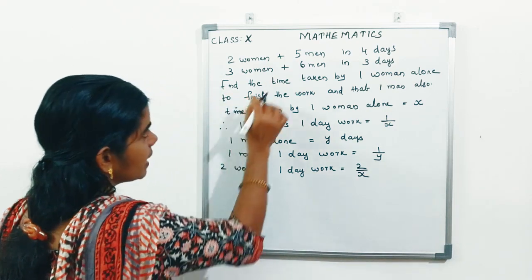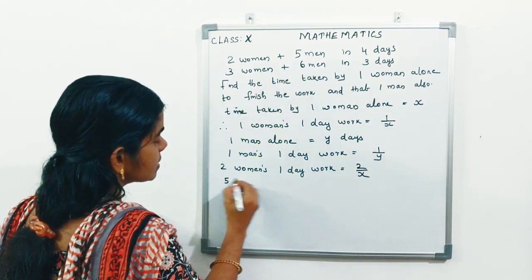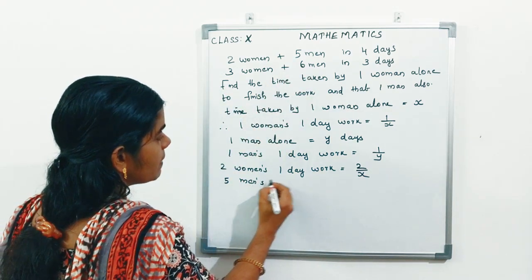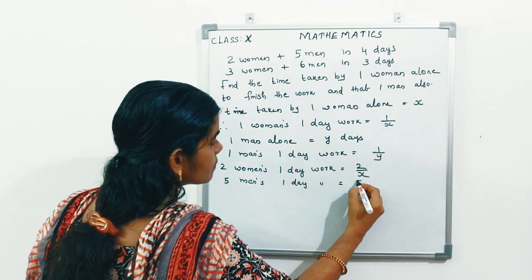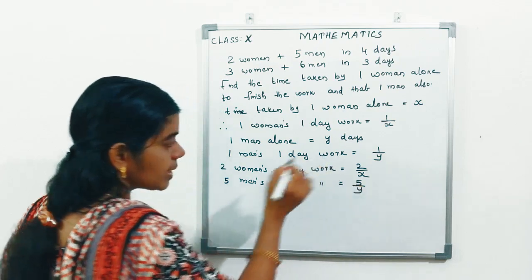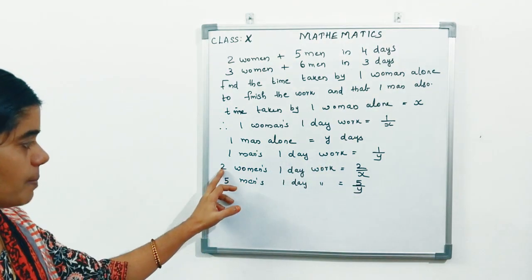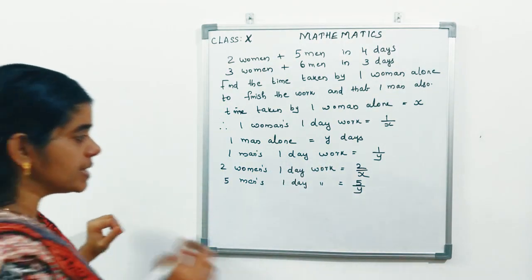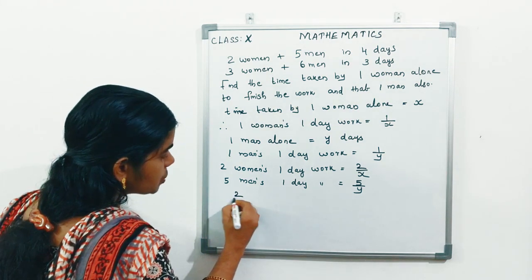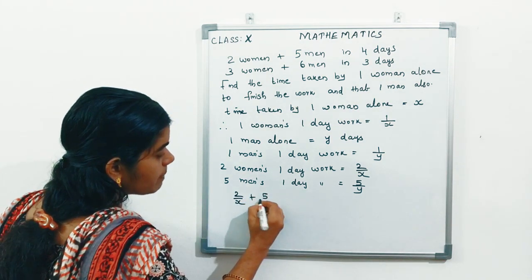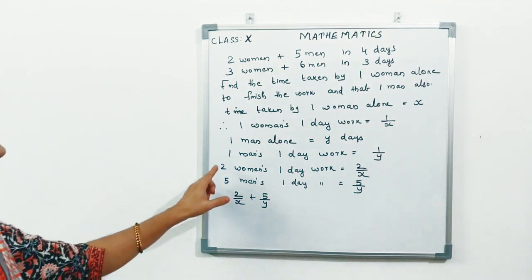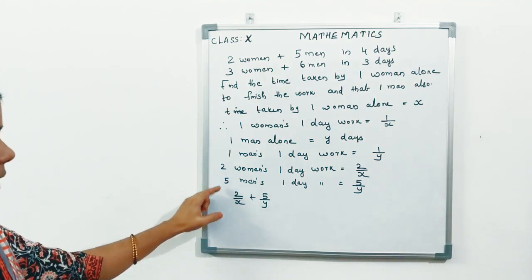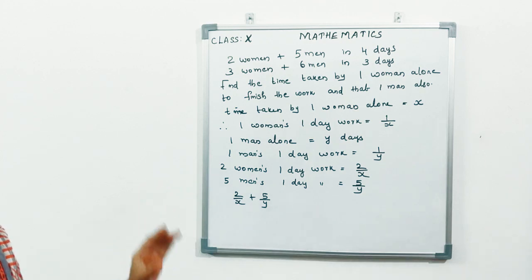The same way, how much for 5 men's 1 day work? That is 5 by y. Then 2 women's and 5 men's 1 day work will be 2 by x plus 5 by y. 2 by x plus 5 by y means 2 women and 5 men's 1 day work.